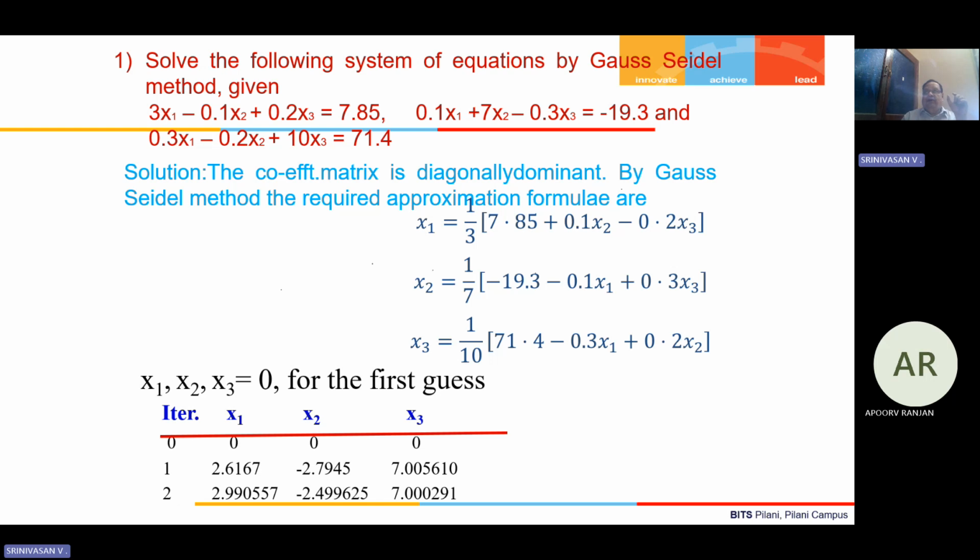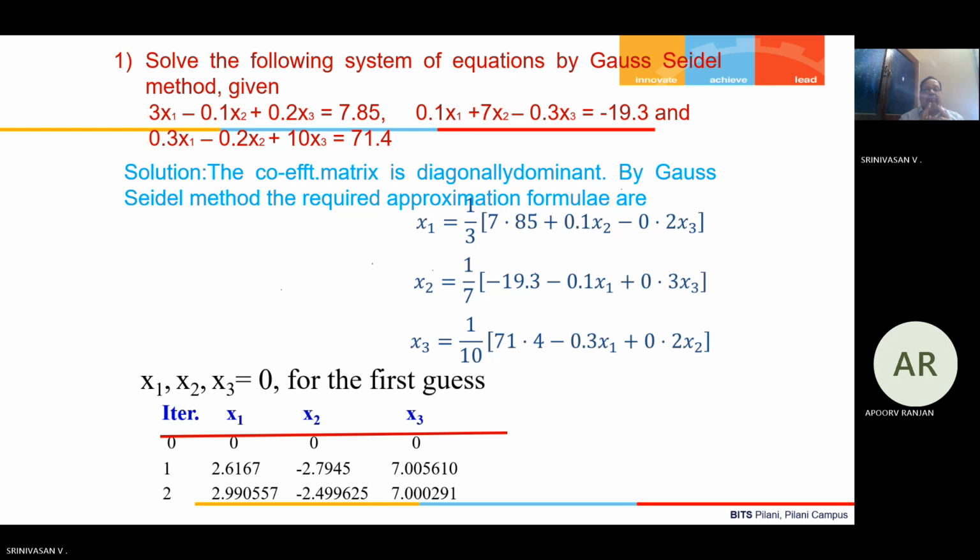So the coefficient matrix A, with entries 3, minus 0.1, 0.2, 0.1, 7, minus 0.3, 0.3, minus 0.2, 10, is a strictly diagonally dominant matrix. That is the first thing to be checked.